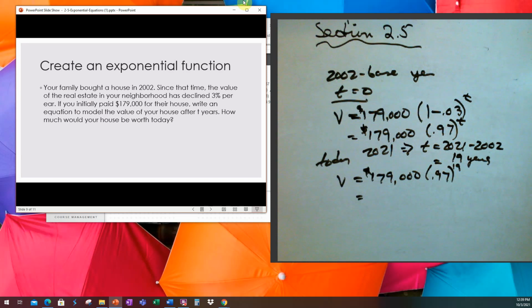I'm going to run this on my calculator: 0.97, then the exponent, 19. The value of the house would only be $100,349.68.